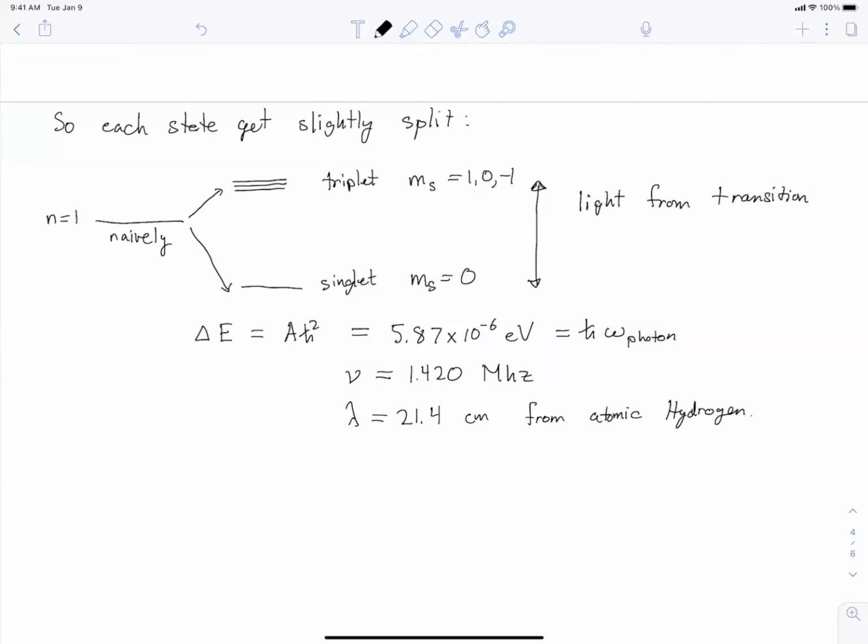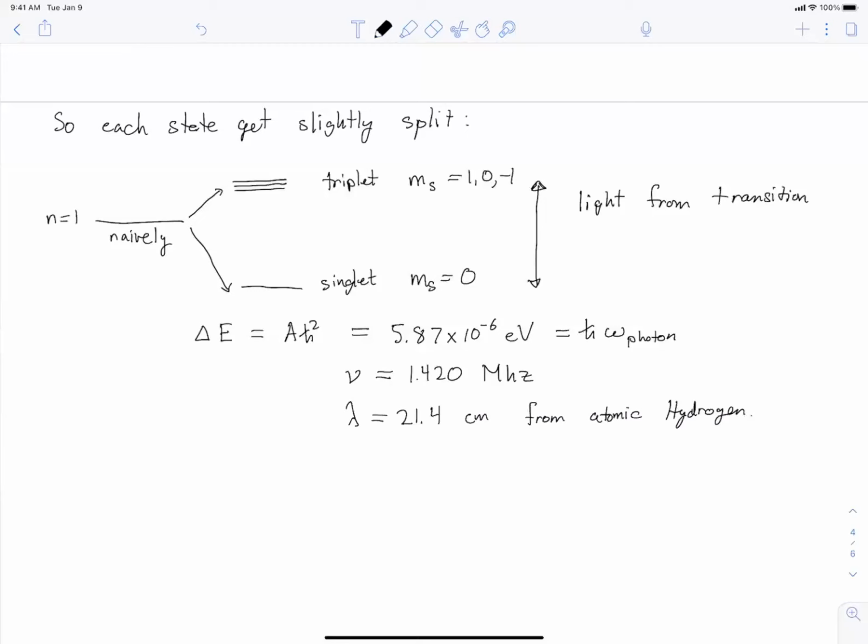Okay, so it turns out this transition is very highly suppressed. It doesn't happen very easily. But if you consider the fact that outer space is very big and mostly empty, and in lots of outer space there's not much else to look at, then even though this is a suppressed transition, you're still going to see it happen.